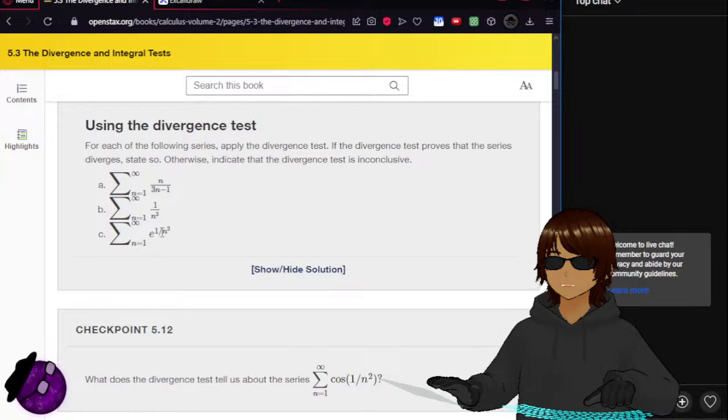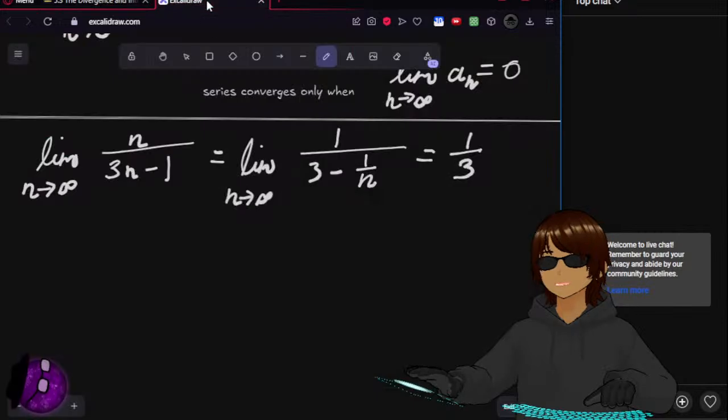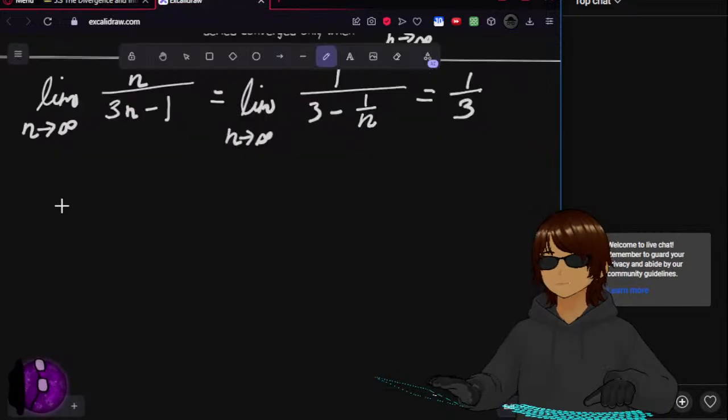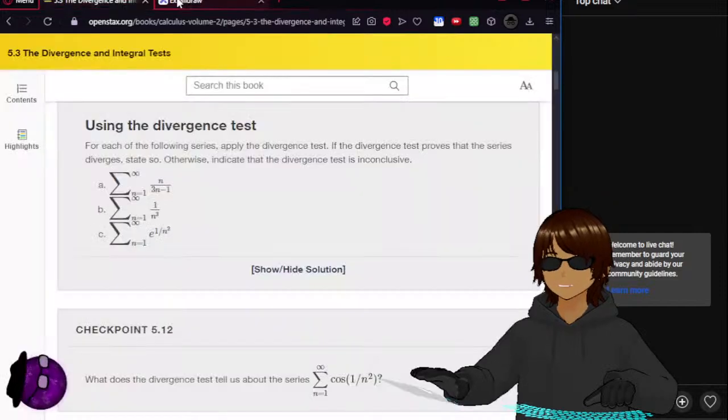E to the power of 1 over n squared. This series, okay, 1 over n squared approaches 0, and e to the power of 1 over n squared would approach 1. Wait, isn't that a L'Hopital case?